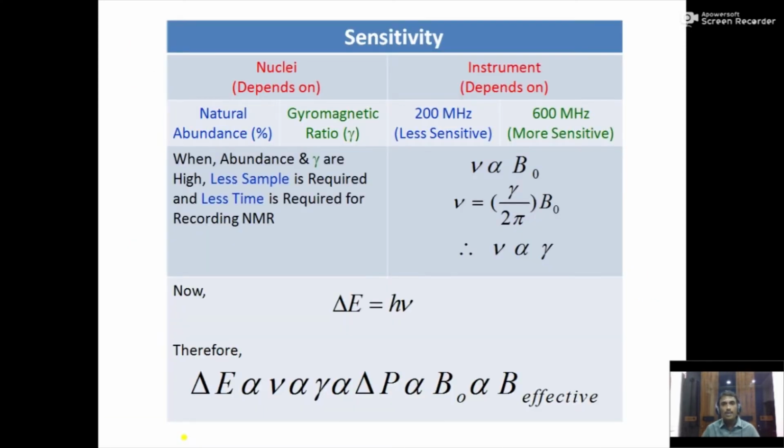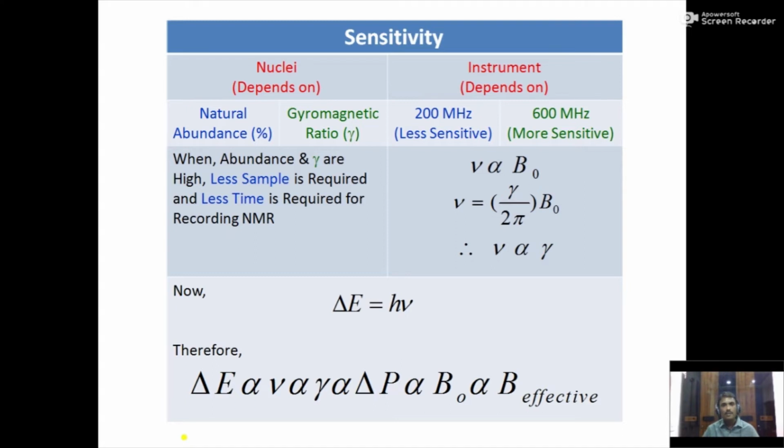Then we will talk about the sensitivity of the nuclei as well as the instrument. The sensitivity of the nuclei depends on its natural occurrence or natural abundance. You can see that hydrogen and fluorine 19 have a high concentration in nature, and when natural abundance is high, very little sample is required and very little time is required for recording the NMR spectrum.